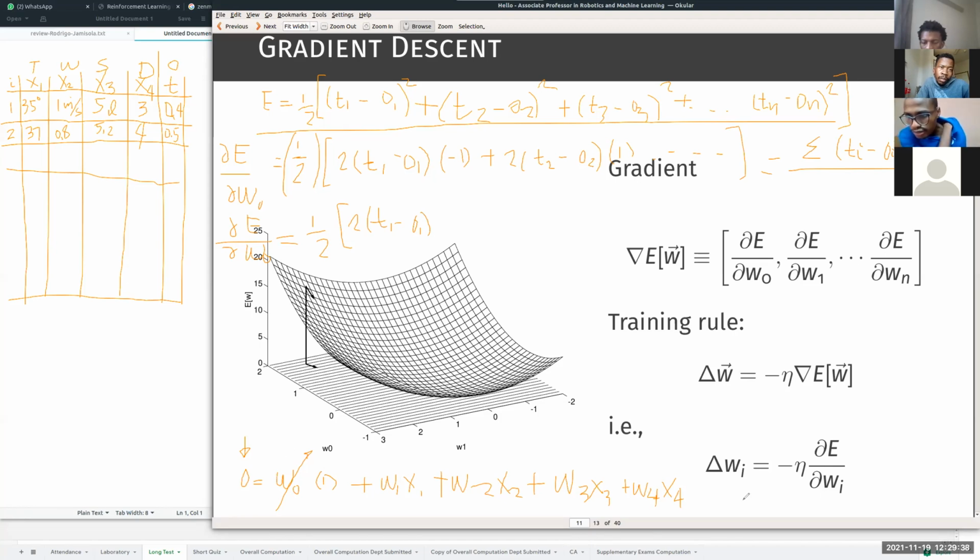Now we forget about this, and we take the weights here. Now we take the derivative with respect to W1, and what's remaining is X1, right? X1. Sorry, this is W1.